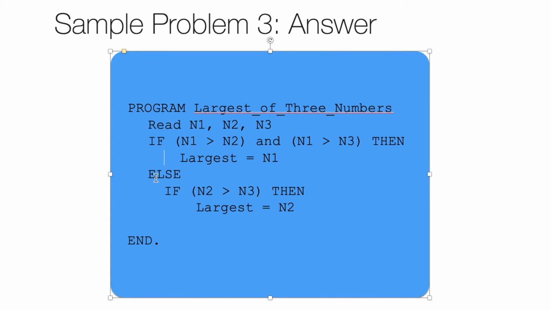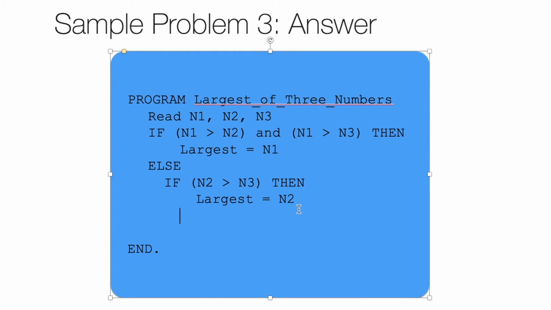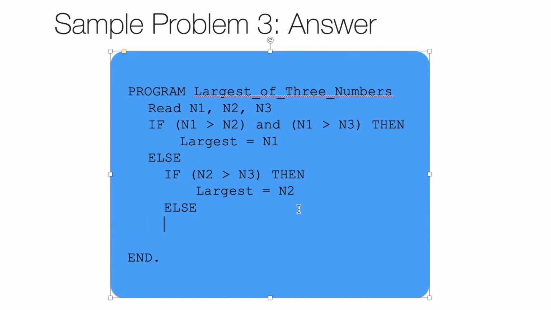So if I go to the otherwise clause, then I can check whether number 2 is greater than number 3. If this becomes true, then my largest should be number 2. Else, if that is not the case, I'm going to set my largest to be number 3.